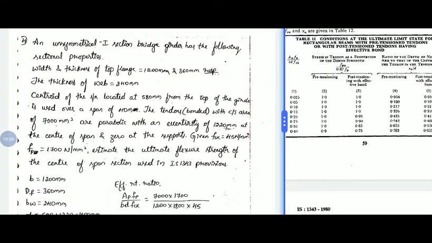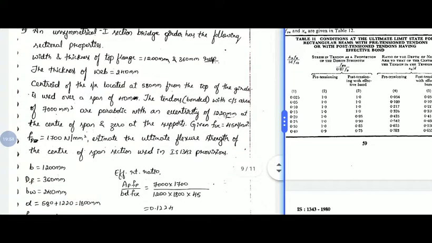So in this question you can observe it is an unsymmetrical I section. Only the top flange details are given, that is thickness and width of the top flange, and here it is given the tendons are bonded, so we can consider it as pre-tensioned only.